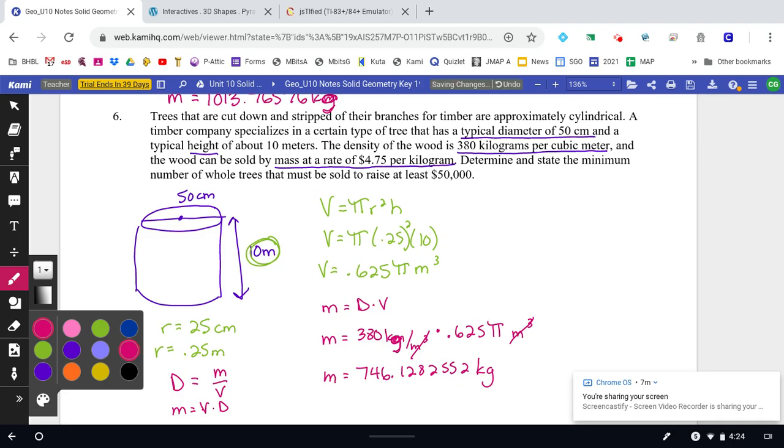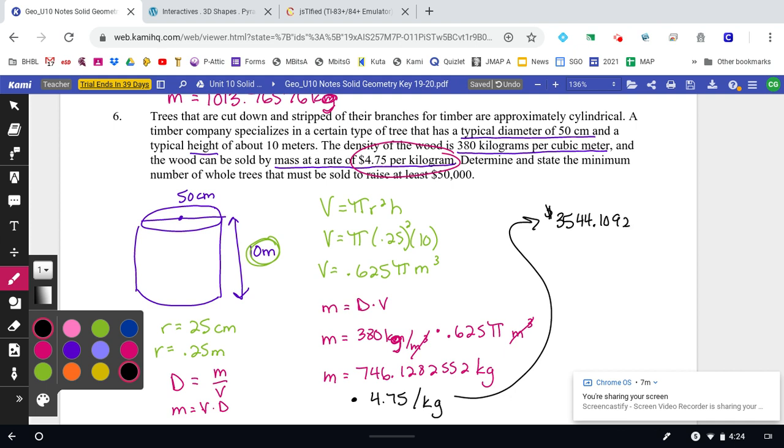Now we have a rate for our kilograms here. So we are going to take this and multiply it by 4.75 per kilogram. That's going to give us $3,544.109212 per tree.